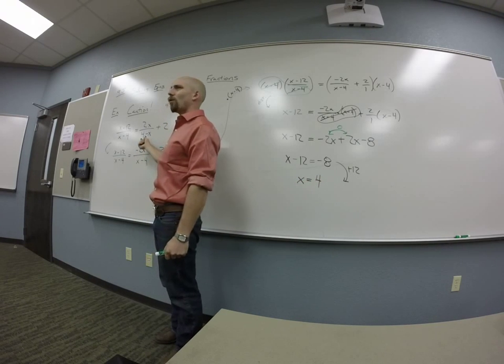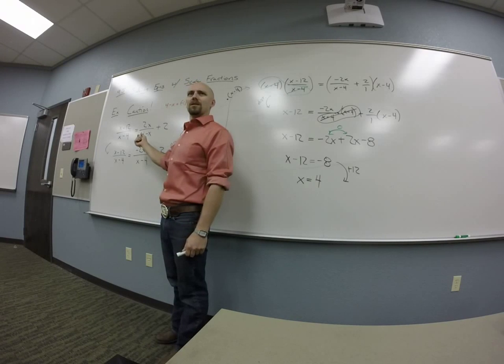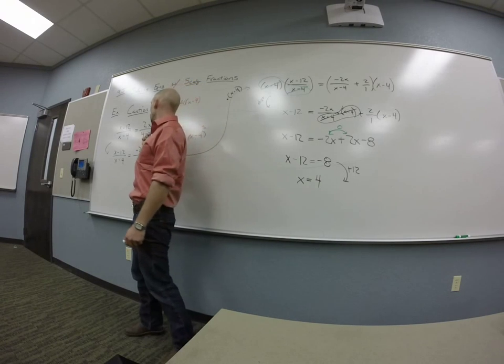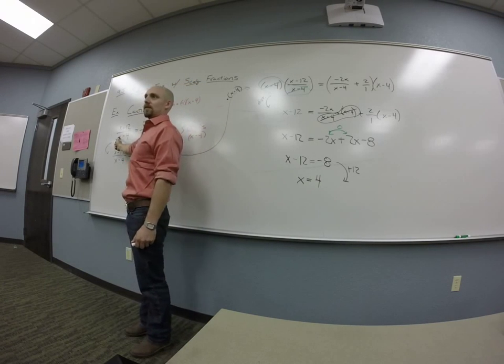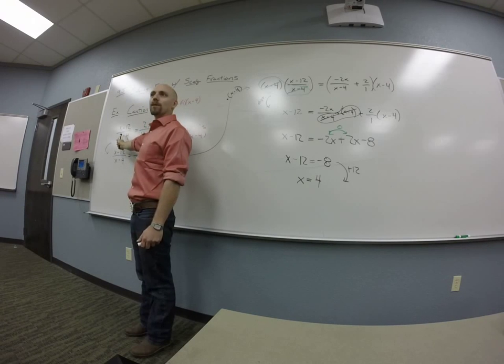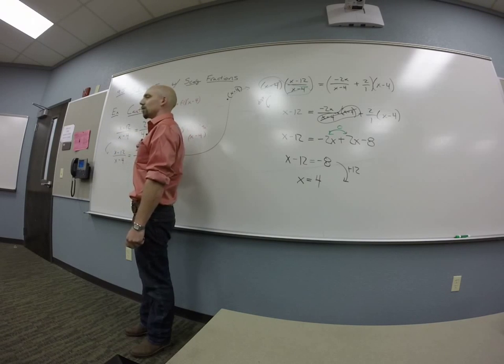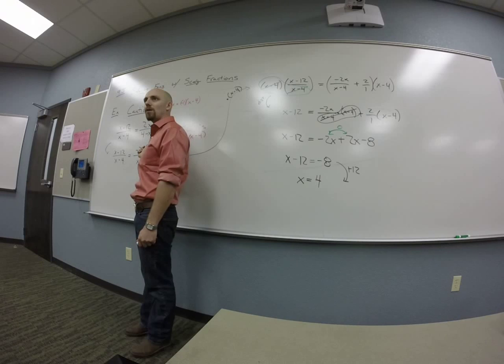Can I plug x is 4 in here? Yes. It's 0 here and there, right? Where are those that's a problem? Oh no, they're on the bottom, right? So I got something over 0 equals something over 0, but I'm not allowed to divide by 0.